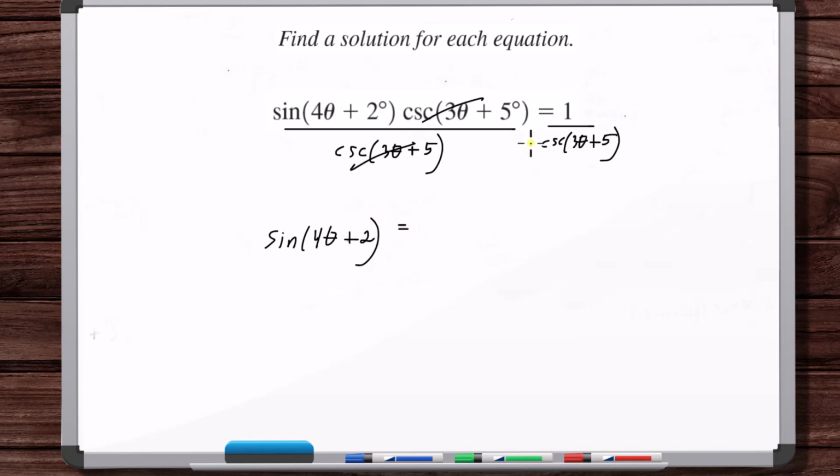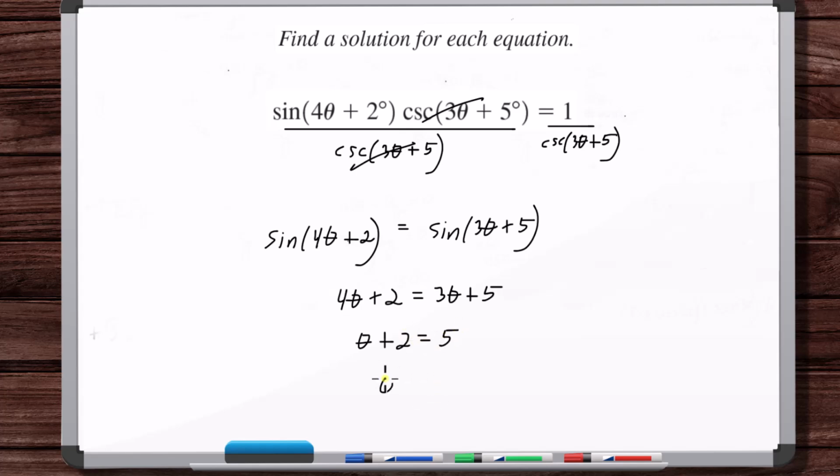Now 1 over cosecant of 3 theta plus 5 is going to be sine of 3 theta plus 5. So now we just set these two arguments equal to each other. Subtract 3 theta from both sides. Subtract 2 from both sides, so theta is equal to 3.